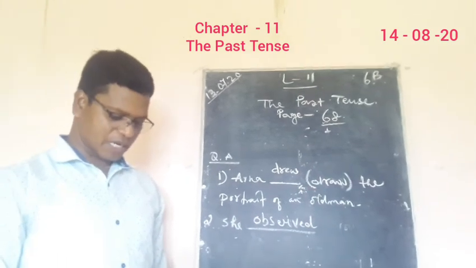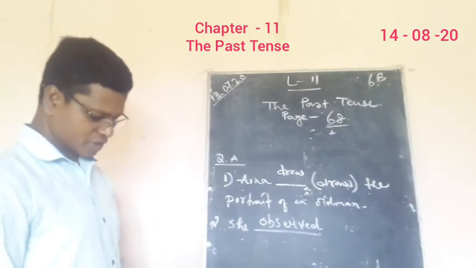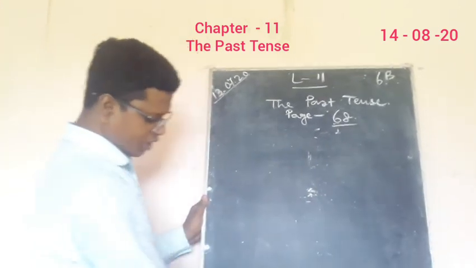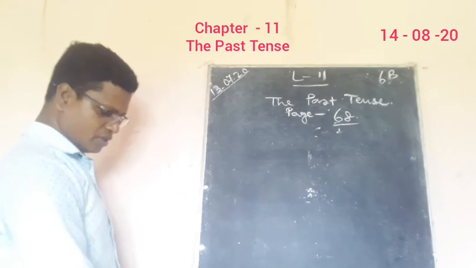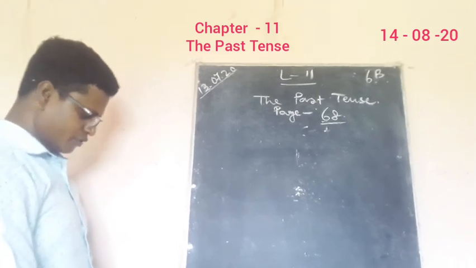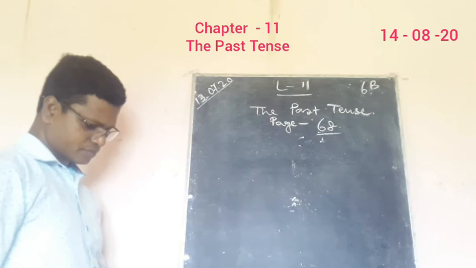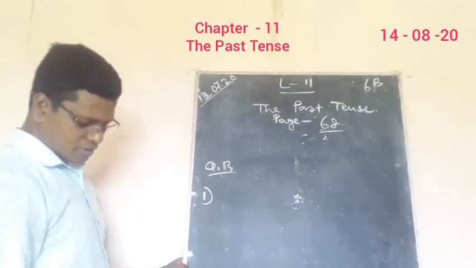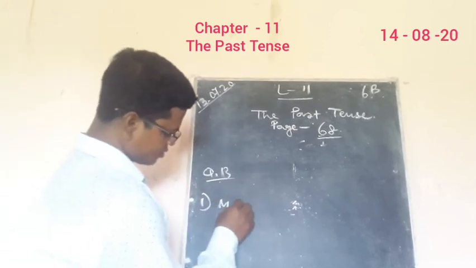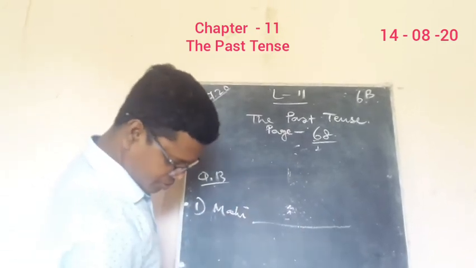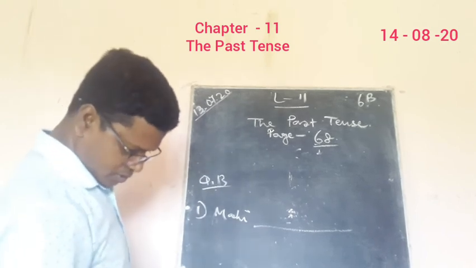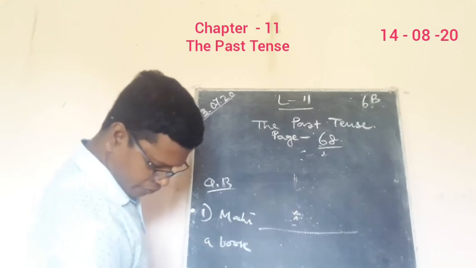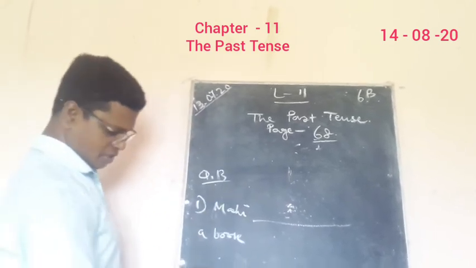Next one, fill in the blanks with the past continuous tense of the verb. Here also you can see that the word is given within the bracket. You need to write the past continuous tense of the verb. Like the first one, question number B, Mahi dash a book when the lights went out.